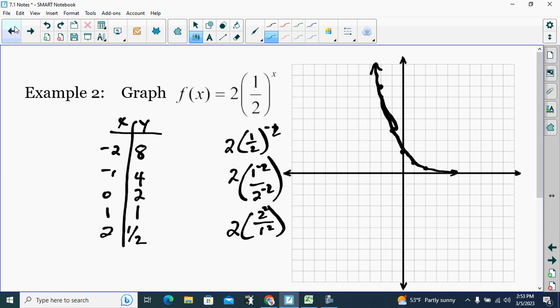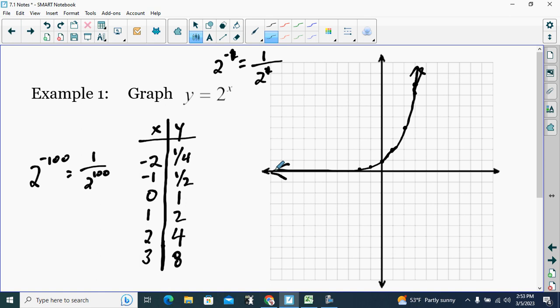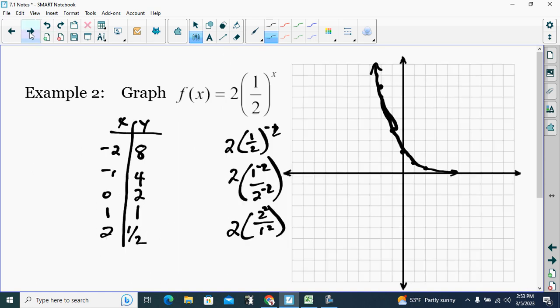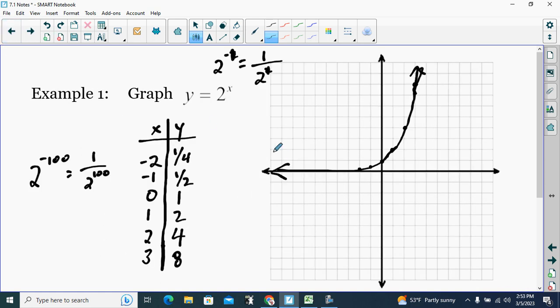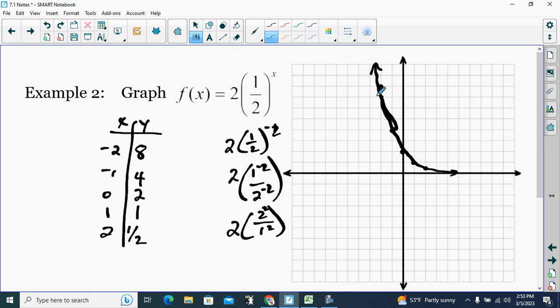Notice we have 2 different graphs here. Some of them will start low and go up. Some start high and go low. One is called exponential growth and one is exponential decay. Notice example 1 is an exponential growth graph. This one is exponential decay. It starts high and breaks down to close to 0.